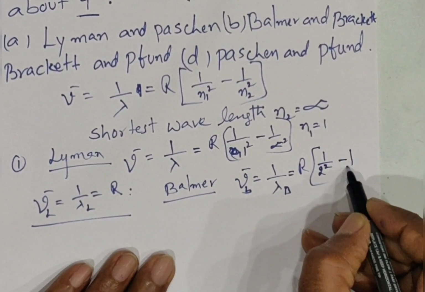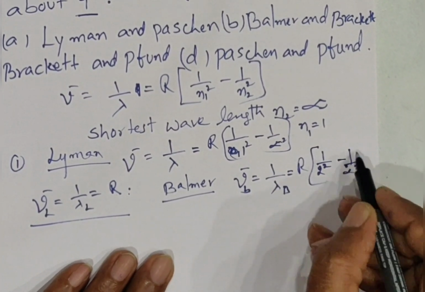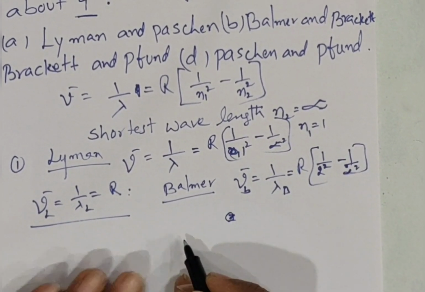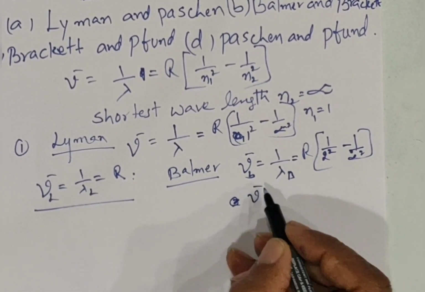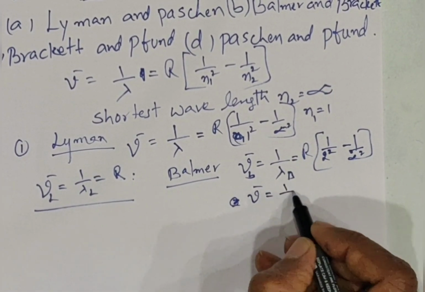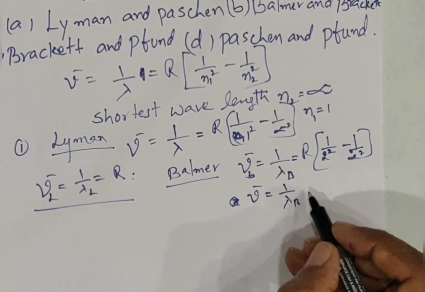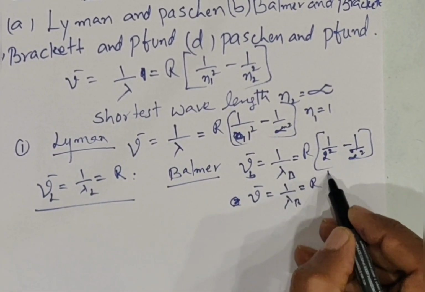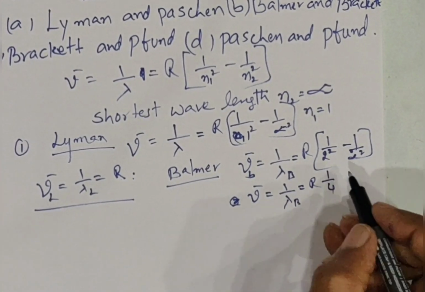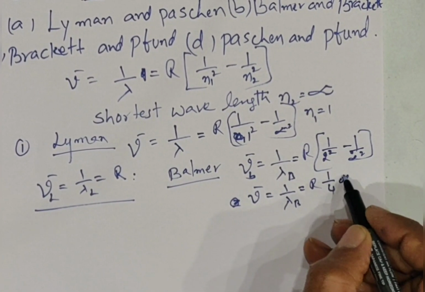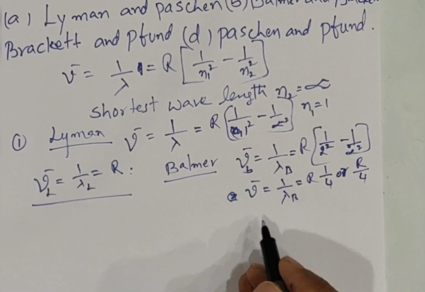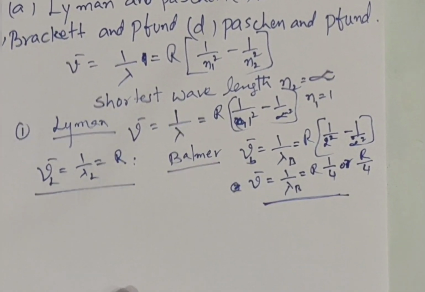Then we will get nu bar is equal to 1 by lambda Balmer series is equal to R into 1 by 4, R by 4. This is Balmer series.